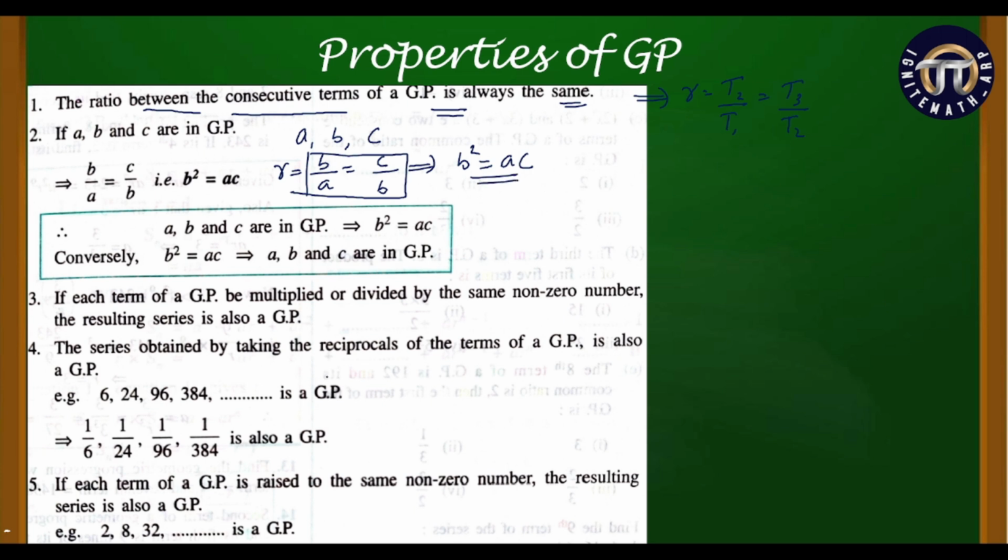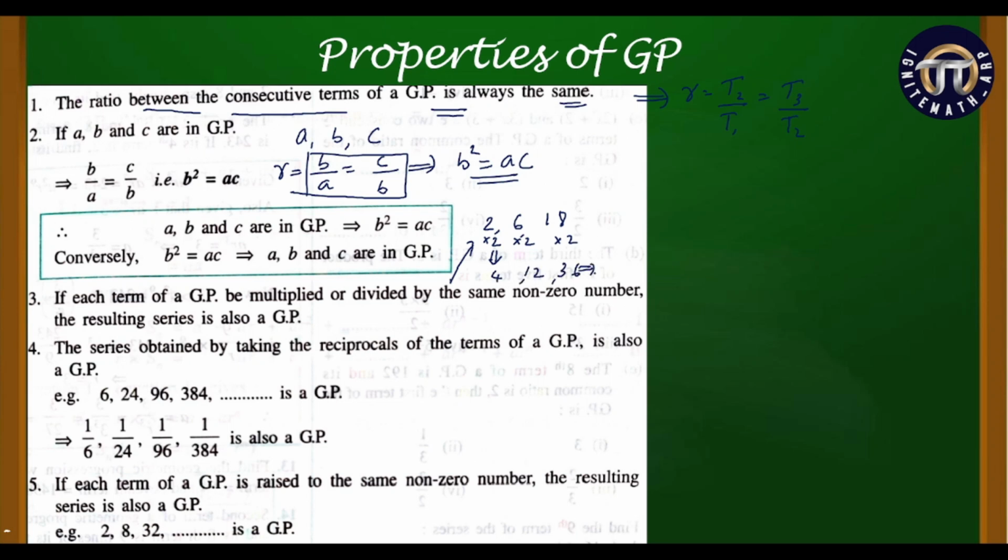Next one is, look at this. If each term of a GP is multiplied or divided by a same non-zero number, the resulting series is also GP. Suppose I consider a GP 2, 6, 18. If I multiply these numbers by 2, then I would get 4, 12, then 36.